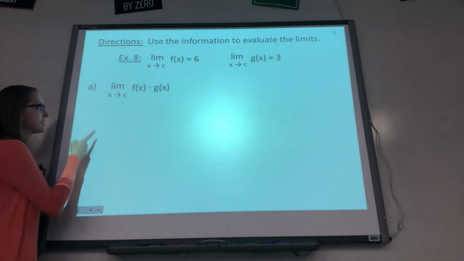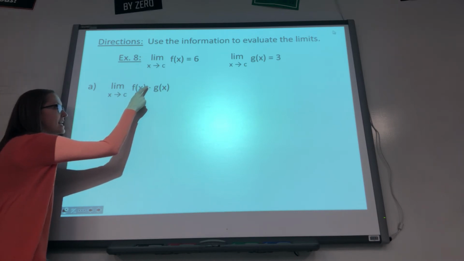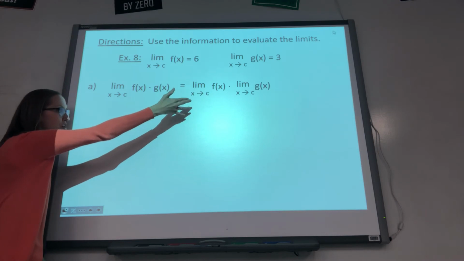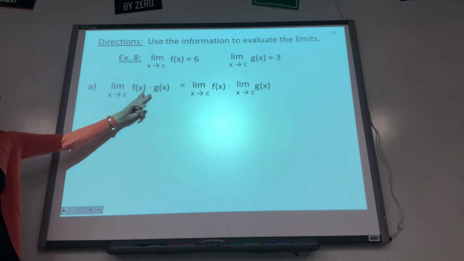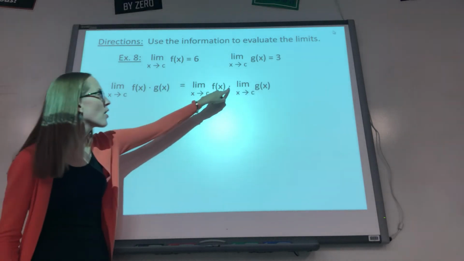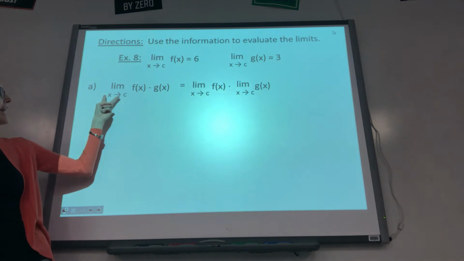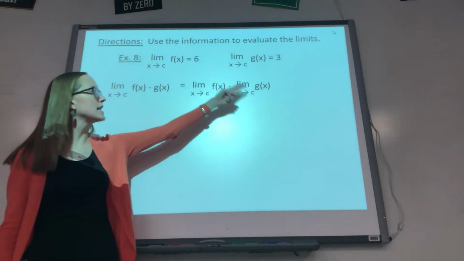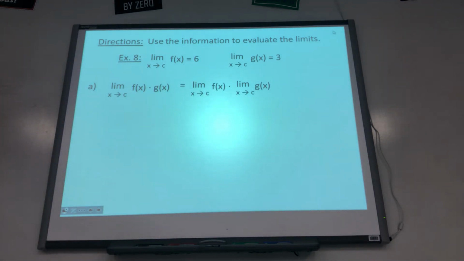The limit of a product equals the product of the limits. You could write this down too in your notes. You can basically take the limit of each one of those functions separately and then just multiply those.